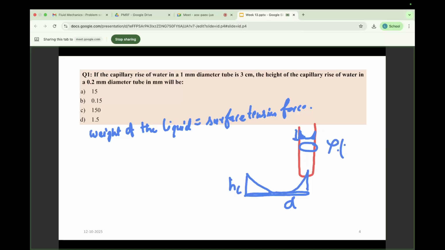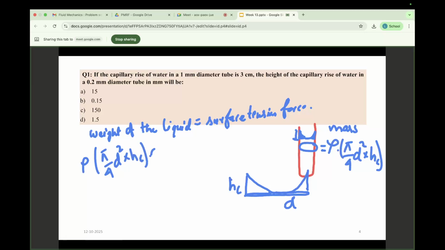So volume is pi by 4 d square, that is the area of the base, into height hc. Mass is equal to rho into volume, density into volume. So the weight means mass into gravity, so I can write rho into pi by 4 d square hc into g, right?